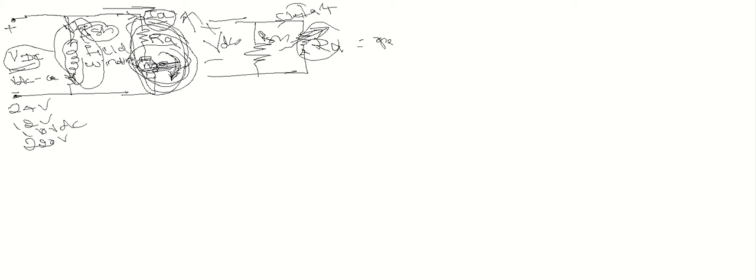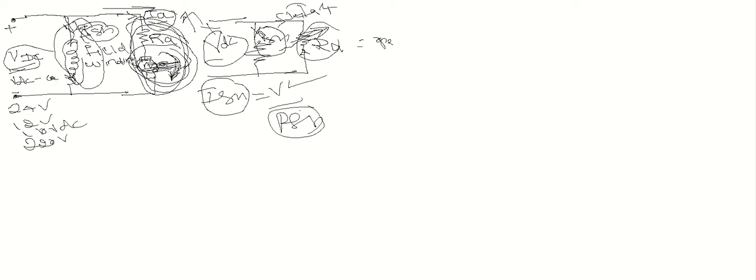If you observe this diagram, during this entire process this ISH is going to remain constant, because this ISH is nothing but V divided by RSH. Since this VDC is constant and we are not varying this RSH, it is kept fixed, this ISH is going to remain constant.